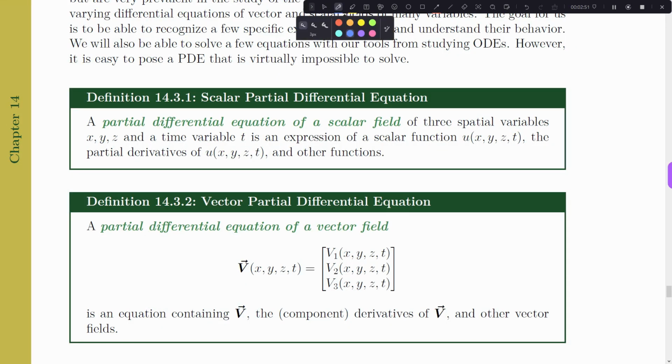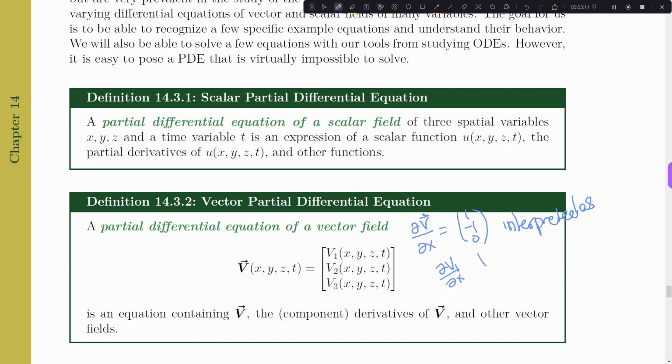So just to give you a quick example, again, we'd have something like, if I just wrote partial v vector partial x equals 1, negative 1, 0, that should really be interpreted as partial v1 partial x is 1, partial v2 partial x is negative 1, and then partial v3 partial x is 0. Where the 1 is coming from there, the negative 1 is coming from there, and the 0 is coming from there. So we just want to make sure that we interpret maybe a vector partial differential equation as a system of partial differential equations.